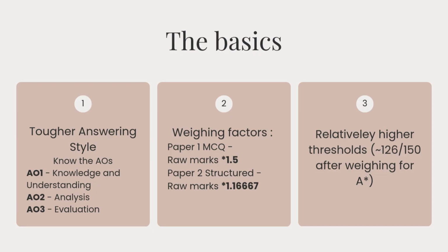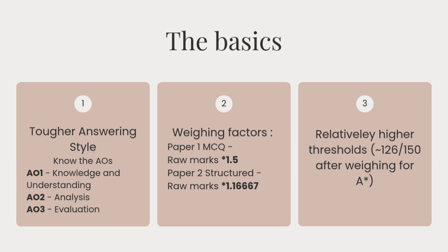And then AO2 sees how you're forming chain analysis and proper chains of reasoning in your long answers or in your thinking process. And then AO3 is evaluation, which checks how you're able to weigh out two sides of an argument. So usually in paper 1, AO1 and AO2 are assessed, and in paper 2, all three assessment objectives are assessed.